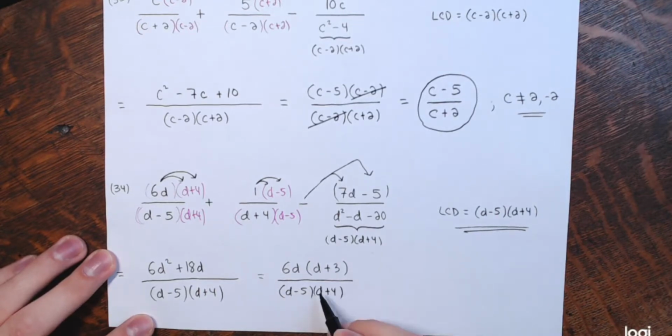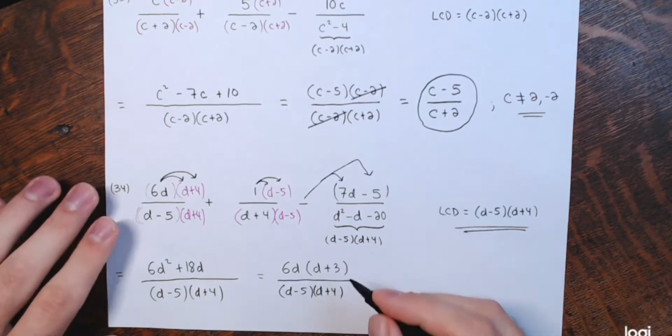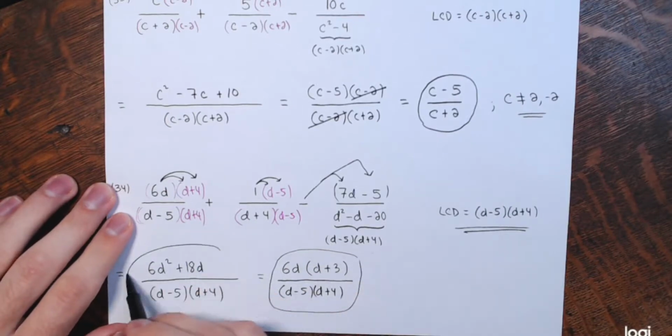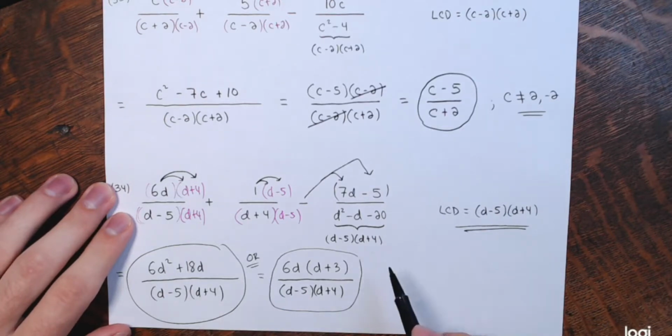And looking at the factored form, I'm not seeing any common factors in the numerator or the denominator. So this is as simple as this gets. And you could have also circled the other one too, because nothing canceled. And the values of d I couldn't use would be 5 and negative 4.